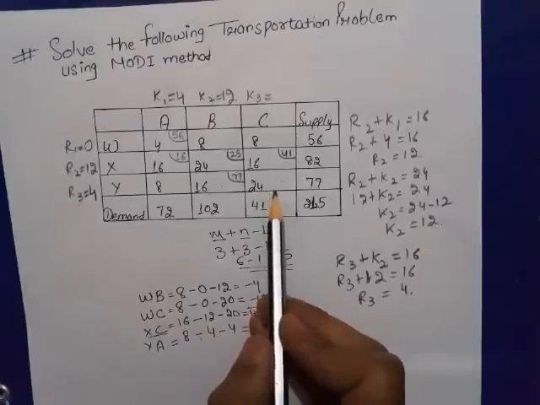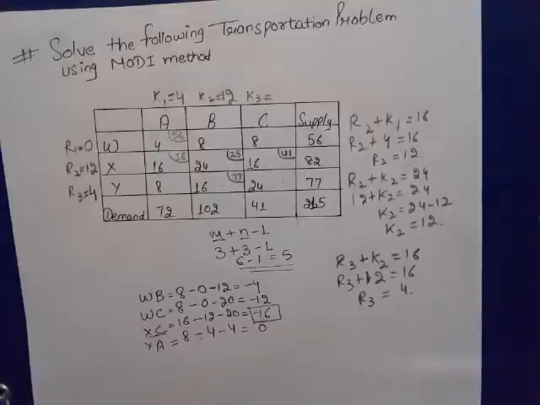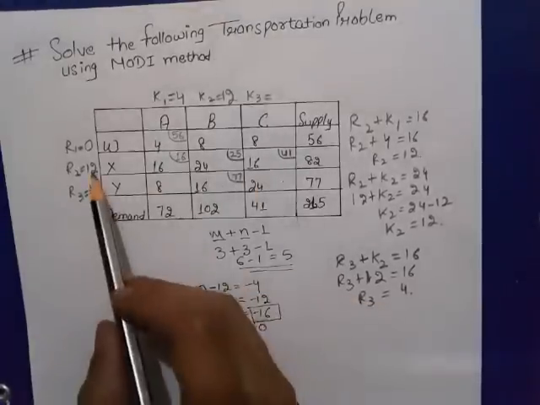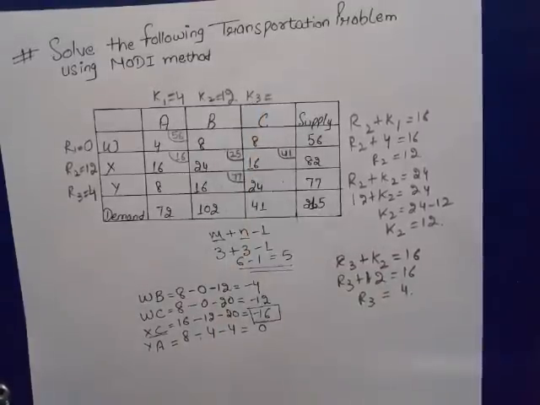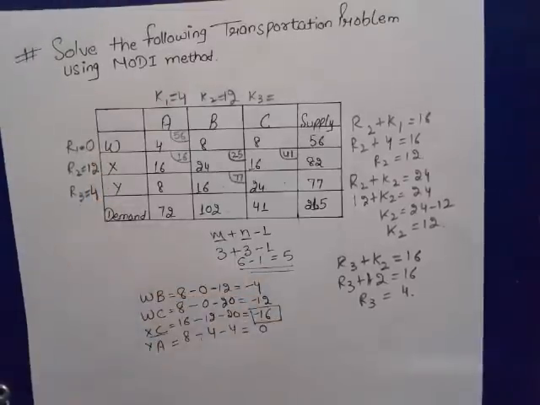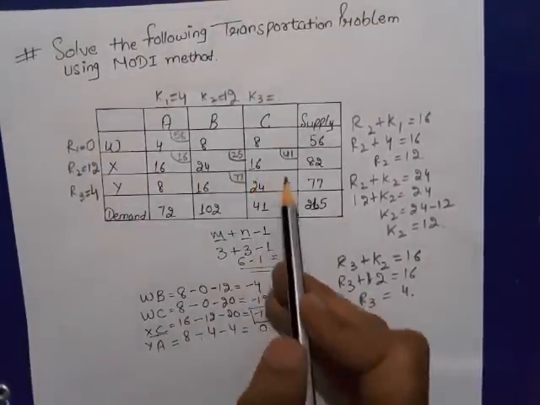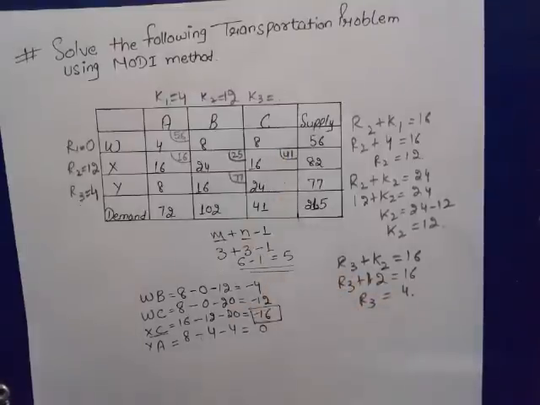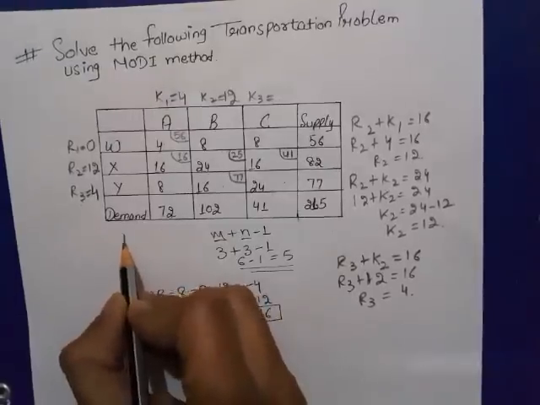Previously this was the occupied cell, we used it to calculate the value of R3, but now we have to use it to calculate the value of K3. All these are the same, but there is a change in this value because there is a change in occupied and unoccupied cells. So calculate the value of K3.